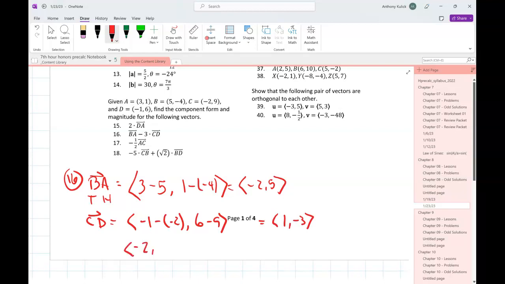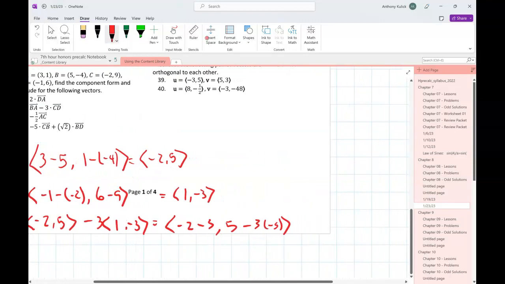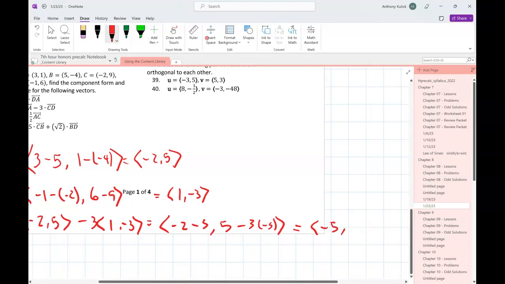So now if we do BA minus 3 times CD, we have negative 2 minus 3, comma, 5 minus 3 times negative 3. So that's going to be negative 5, 20. Does that feel okay? Yeah, pretty good. No problem.